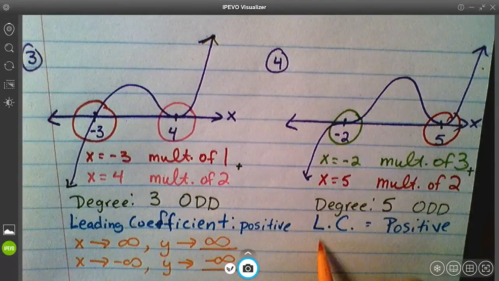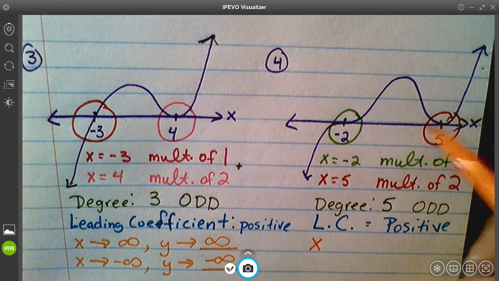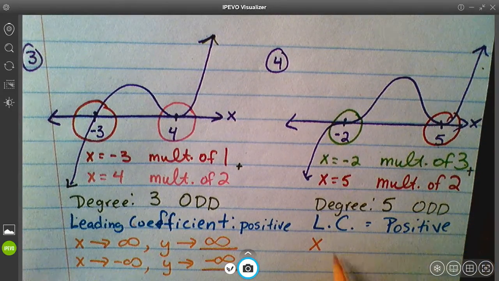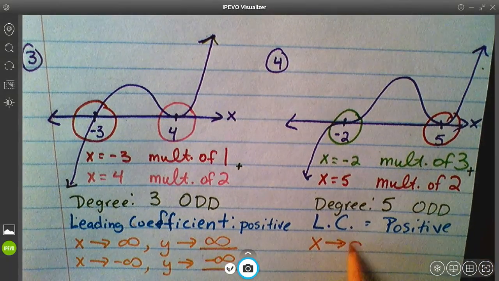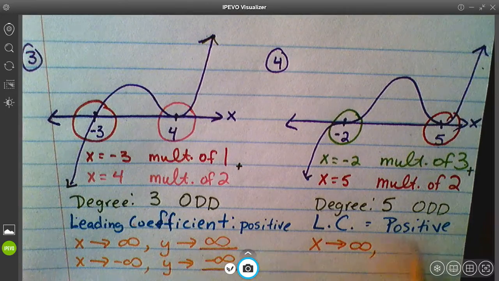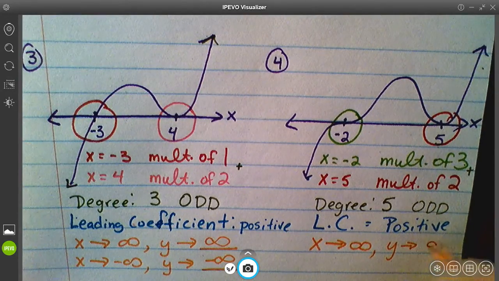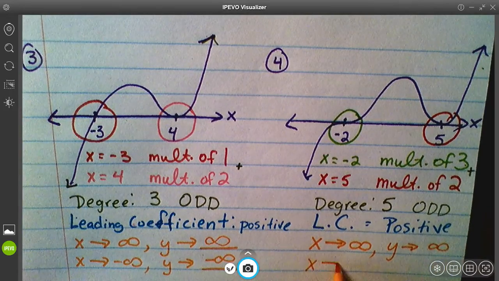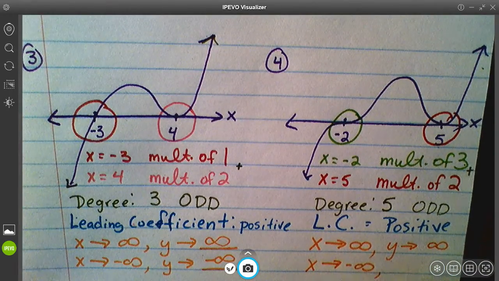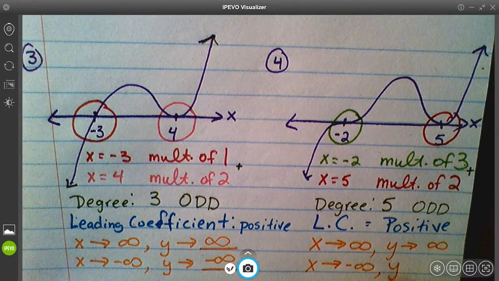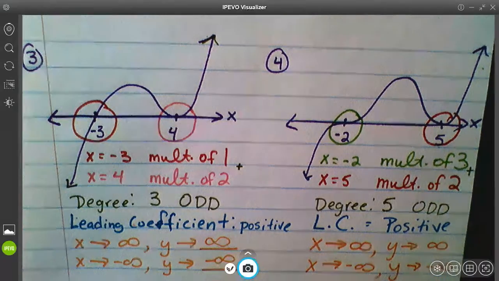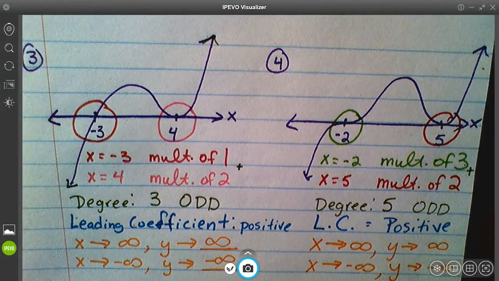And then my end behavior, so again, as x goes to the right, y is going up. So the end behavior, both of these are positive odd functions. The end behavior is also going to be the same. As x goes to negative infinity, y is going in the downward direction to negative infinity.